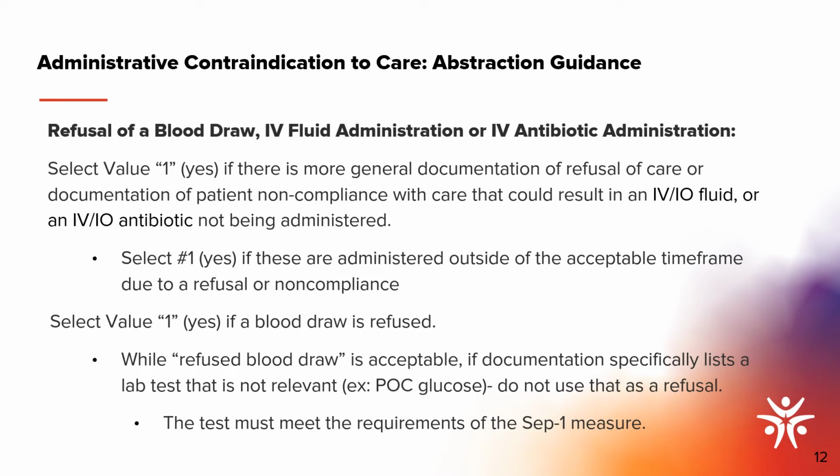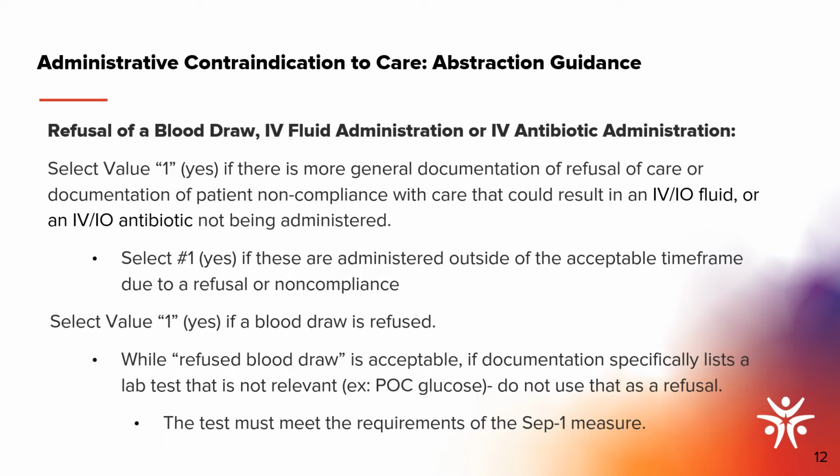We would select value 1 if there was more general documentation of refusal of care or documentation of patient noncompliance with care that could result in IV-IO fluid or IV-IO antibiotic either not being administered or being administered late due to the noncompliance.